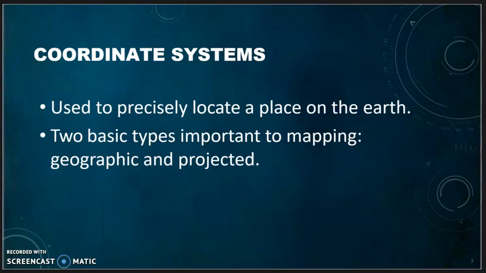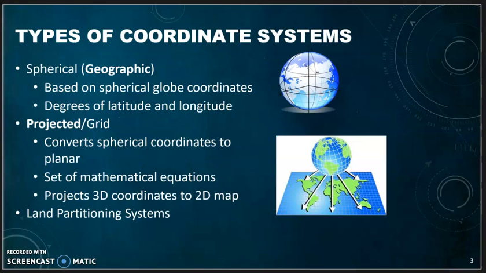So coordinate systems are used to precisely locate a place on Earth, and there are two basic types of coordinate systems that are really important for mapping, and those are geographic and projected. So we have our geographic coordinate systems, and these are based on spherical globe coordinates, and they're measured in degrees of latitude and longitude.